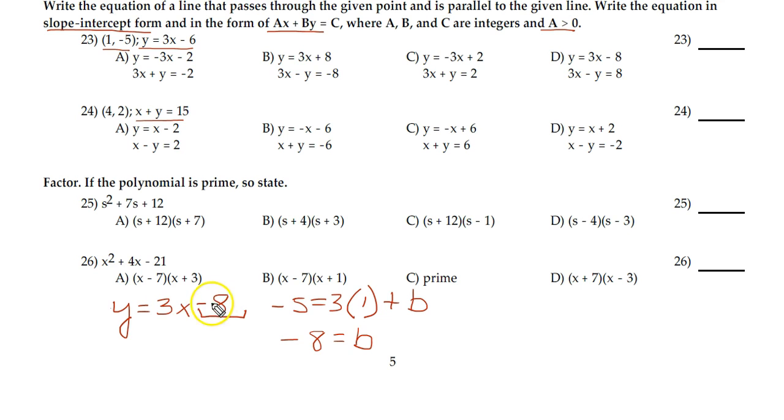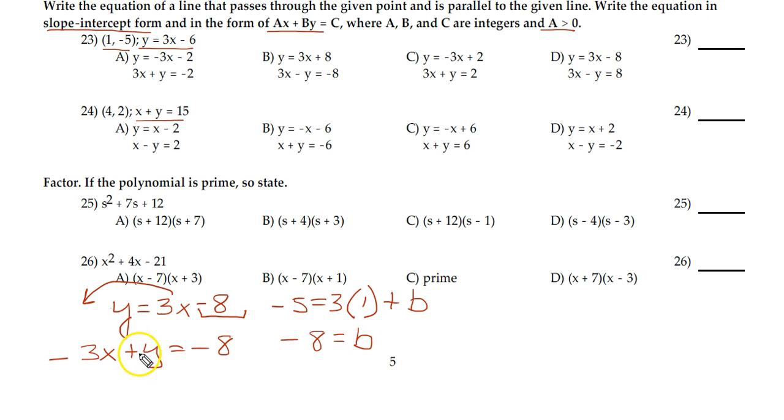Now, they don't want it in this form for both answers. They want us to convert this to standard form. So we're going to take this and bring it to the other side, where it becomes -3x plus y equals -8. But they don't want this A term to be negative.